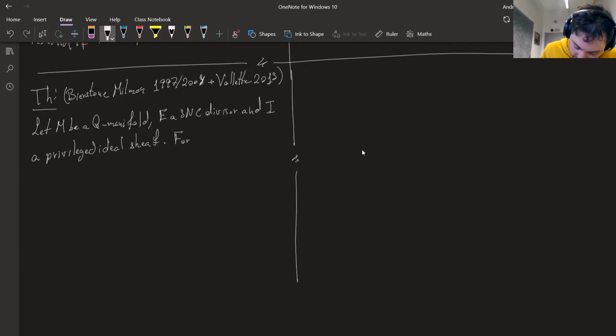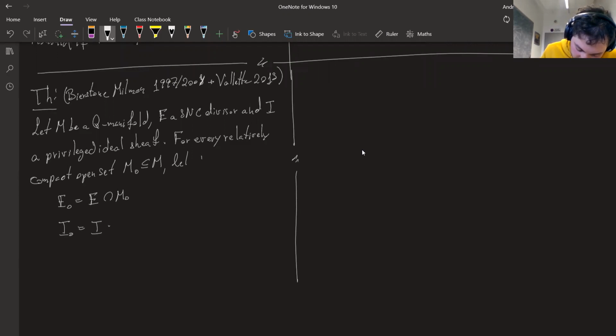So for every relatively compact open set M0 of M, let E0 be the E intersected with M0, and I0 be the restricted ideal sheaf at M0.